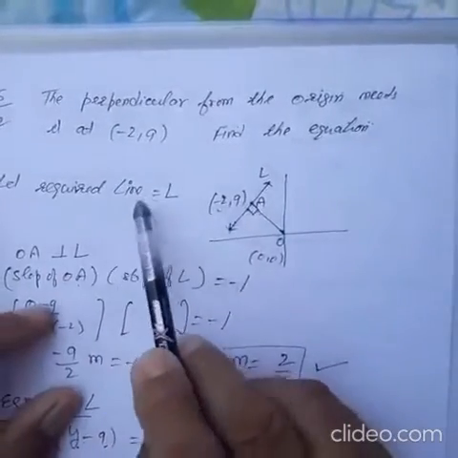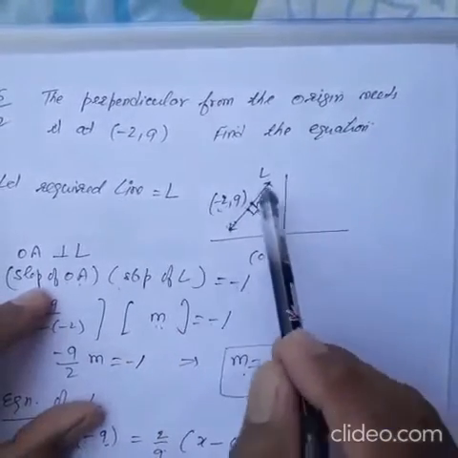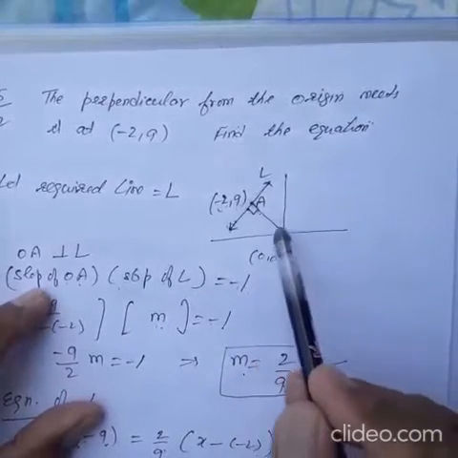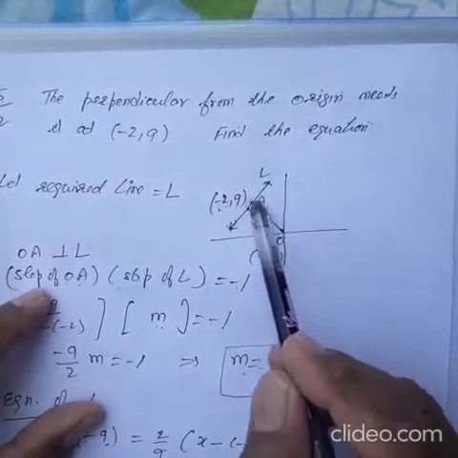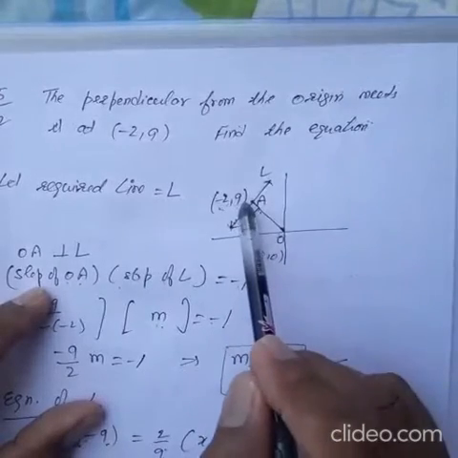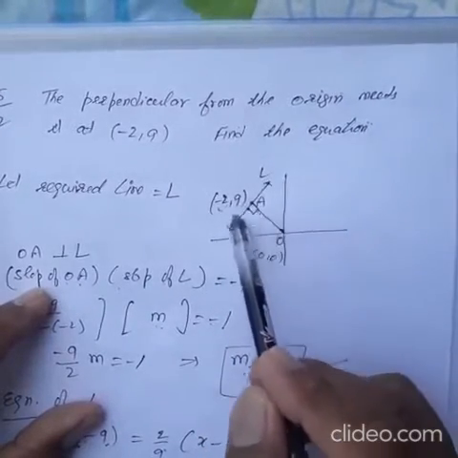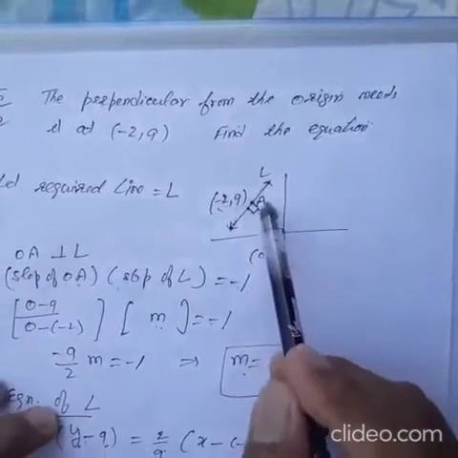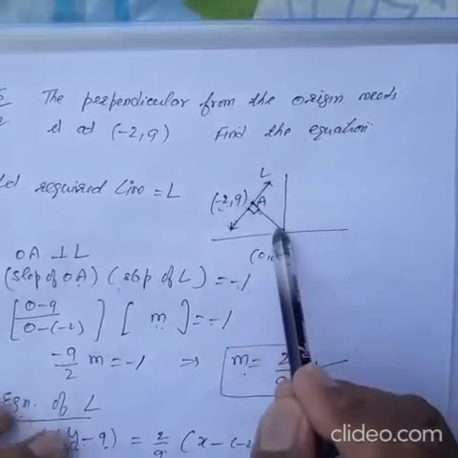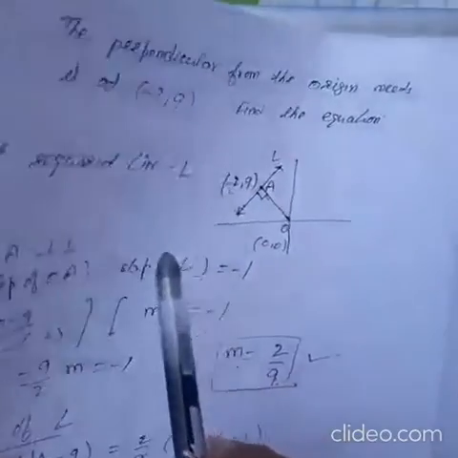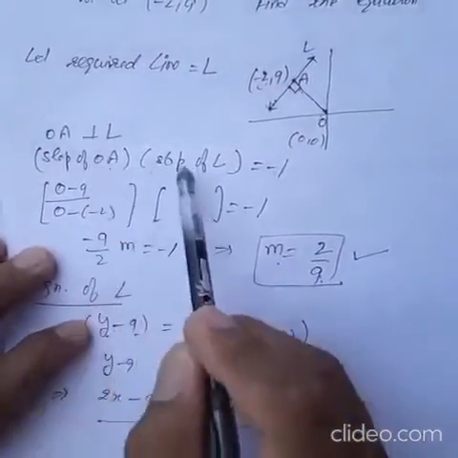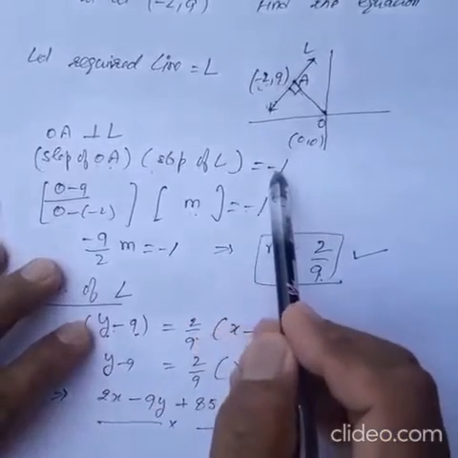Now let the required line be L. This is line L. The perpendicular from the origin meets the line at A(-2, 9). OA is perpendicular to L, meaning this angle is 90 degrees. Because these two lines are perpendicular, the product of their slopes will be -1. So slope of OA times slope of L is equal to -1.